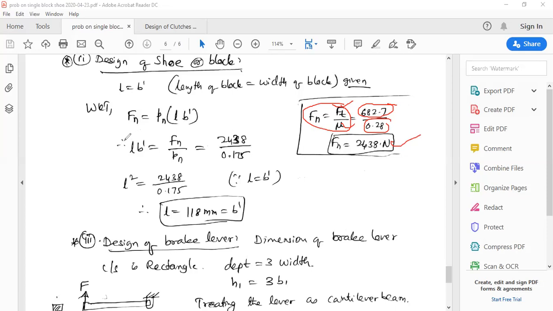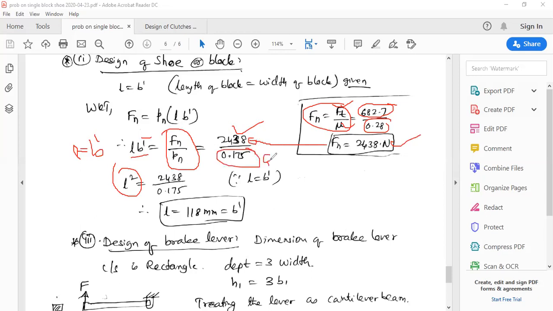Once you get this value, since L is equal to B dash, which is given here, the equation results in L square, because L is also B dash. So this equation is Fn divided by Pn. Fn value is known, that is 2438 from this expression, and Pn value is given.